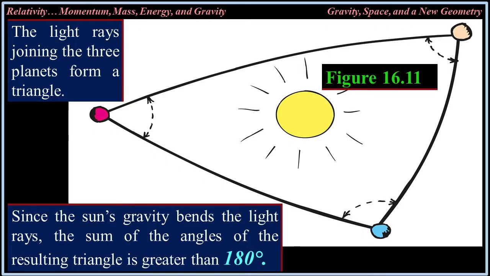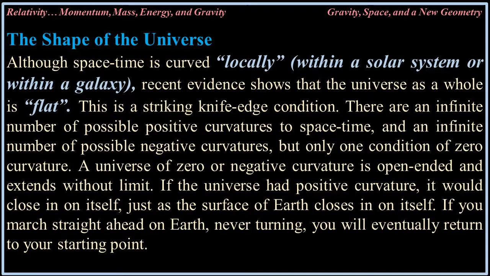Figure 16.11, the light rays joining the three planets form a triangle. Since the sun's gravity bends the light rays, the sum of the angles of the resulting triangle is greater than 180 degrees. The shape of the universe. Although space-time is curved locally within our solar system or within gravity, recent evidence shows that the universe as a whole is flat.